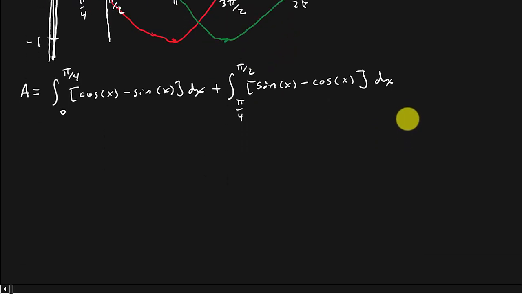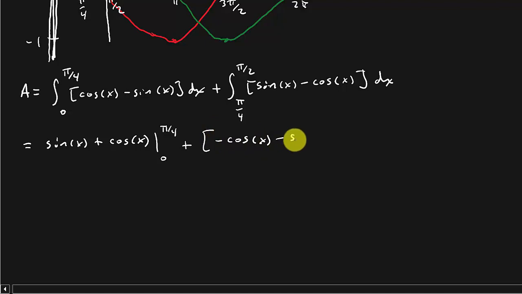And then we just integrate it. So that's going to be sine x plus cosine x, because remember the antiderivative of sine is negative cosine, so the negative and negative make a positive, and that's from 0 to pi over 4, plus negative cosine x minus sine x, from pi over 4 to pi over 2.